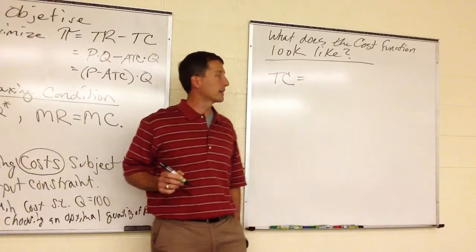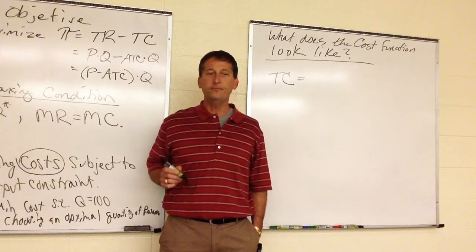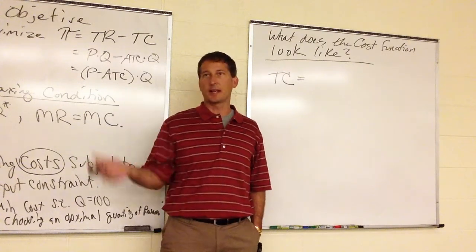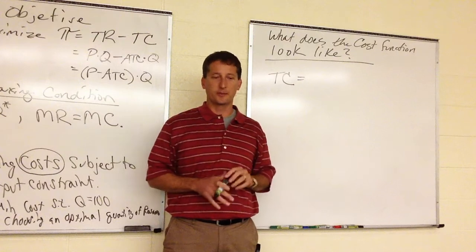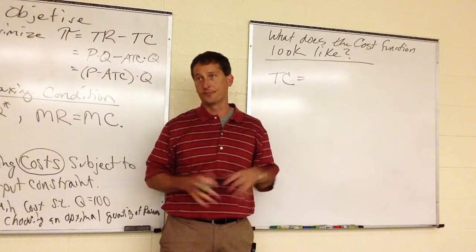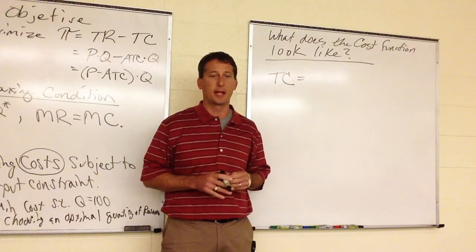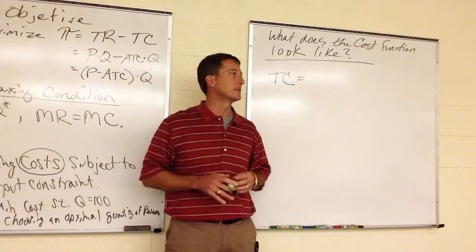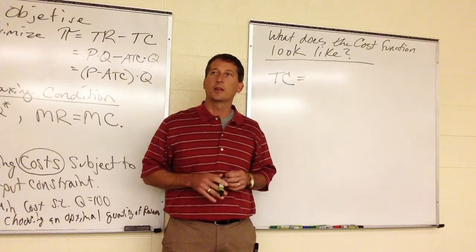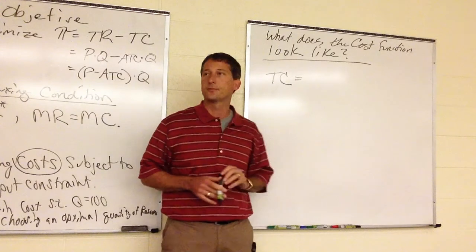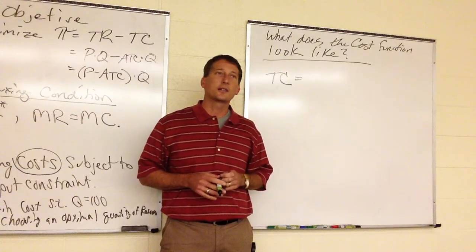What is that thing going to look like? And let's just say that we've got two resources, labor and capital. We'll just leave it kind of simple, not get into fabric and glue and other things. So labor and capital. What does the cost function look like?